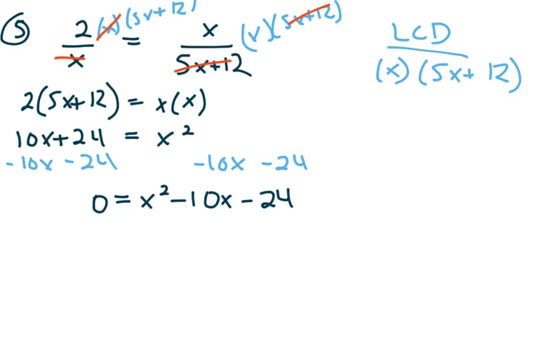And now we need to either factor or use the quadratic formula to solve this. So we're going to factor. We're looking for two numbers that multiply to negative 24 and add to negative 10. Negative 12 and positive 2. Negative 6 and negative 4 would not work.